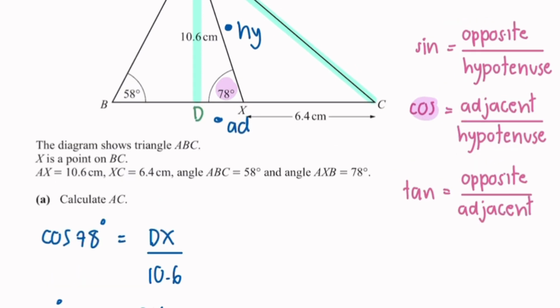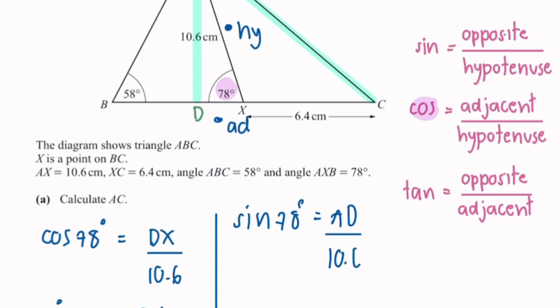And then we are going to calculate the value of AD. In this case, I will use sin 78 equals opposite, which is AD, over hypotenuse, which is 10.6.